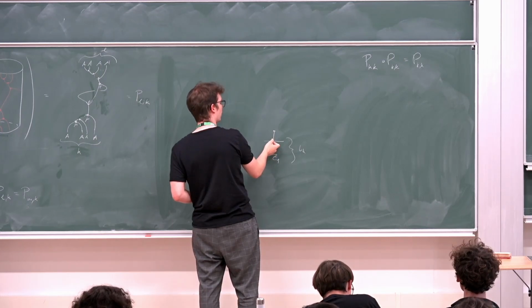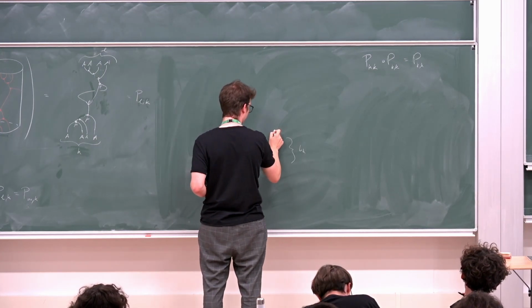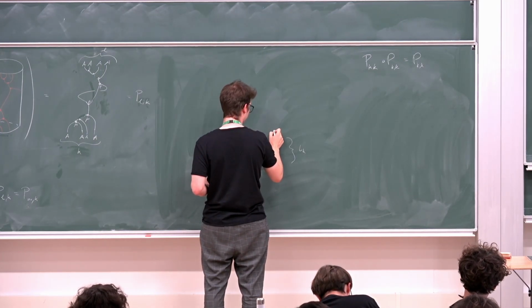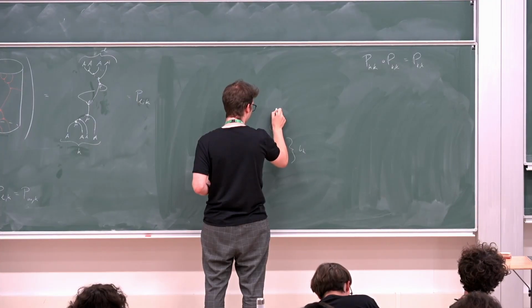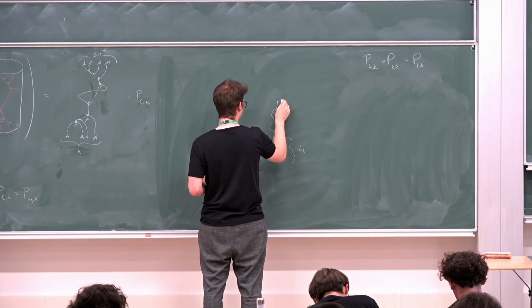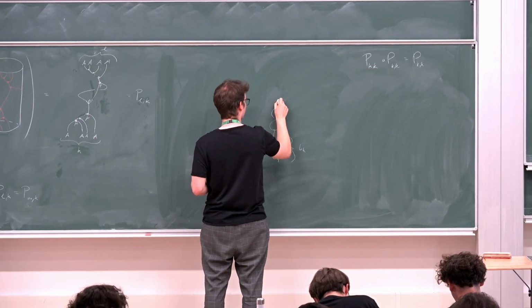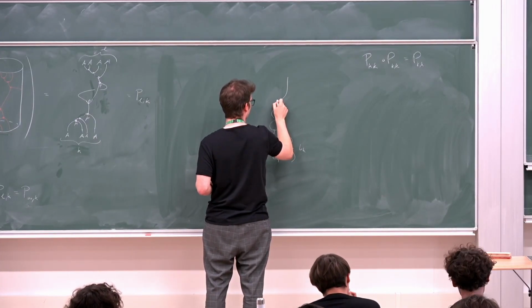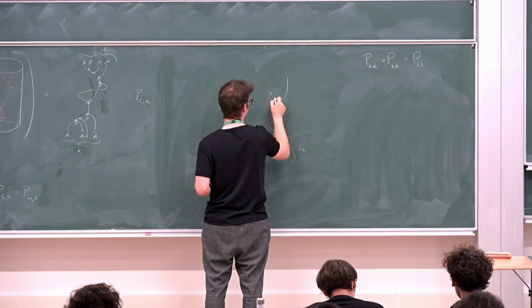So it goes from 1a via this grading thingy in the middle to K strands.